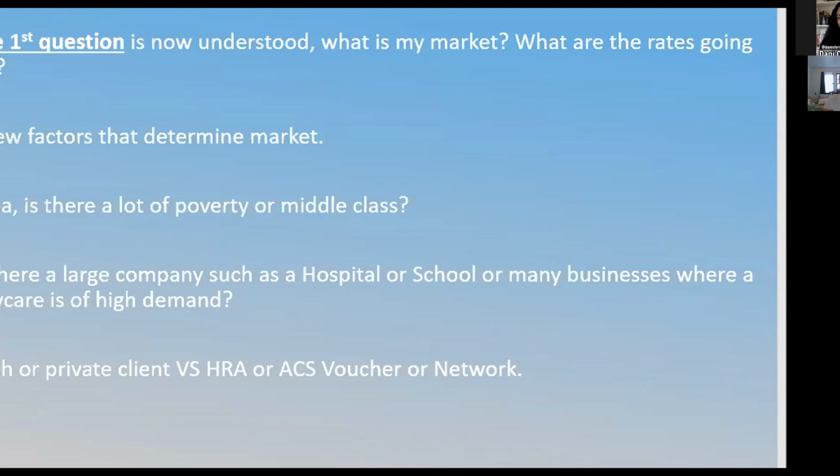Another thing to think about is cash, HRA, ACS, or even a network. I have a daycare in the South Bronx. This owner has 2 daycares, one in the North Bronx, one in the South Bronx. And the one in the South Bronx, she cannot charge the same rates as the one in the North Bronx. But she entered a network for the one in the South Bronx.